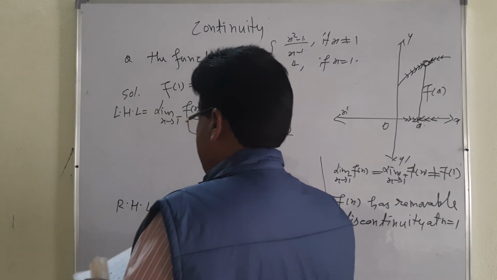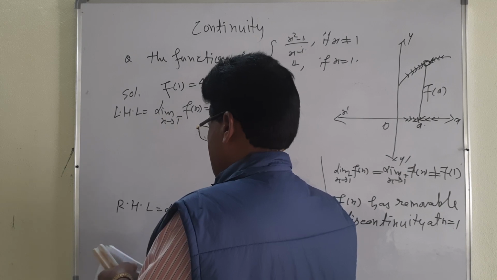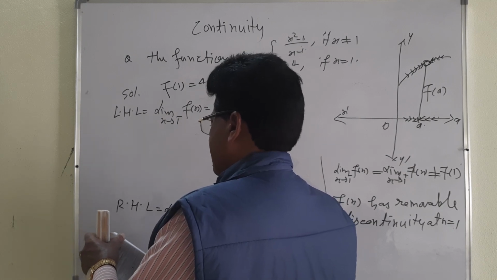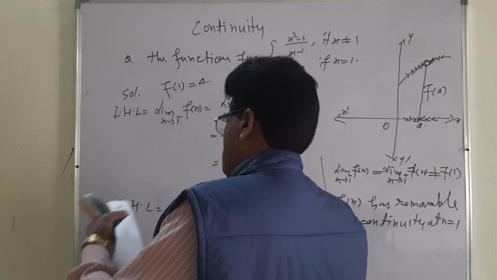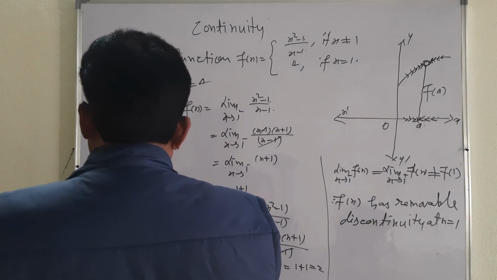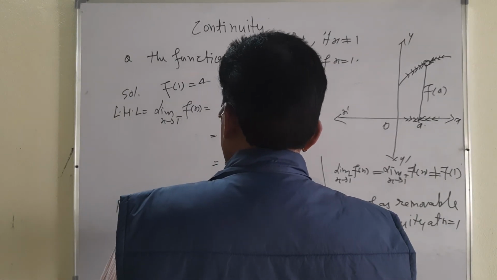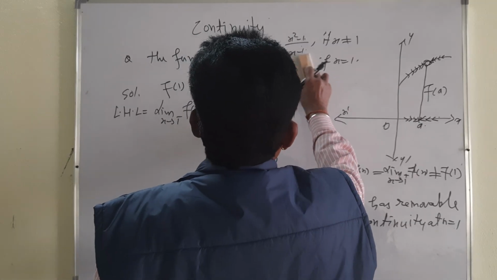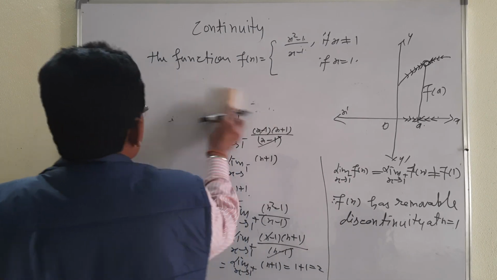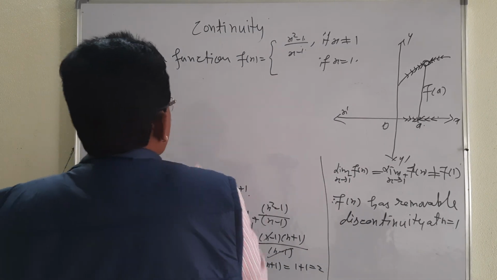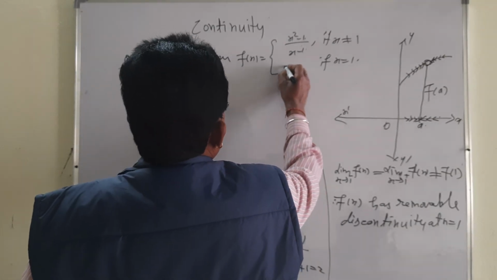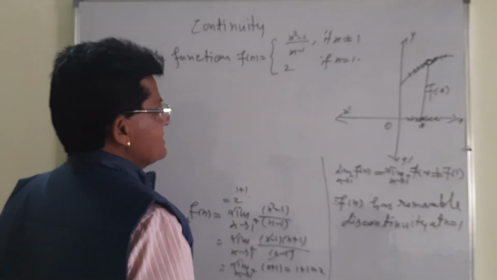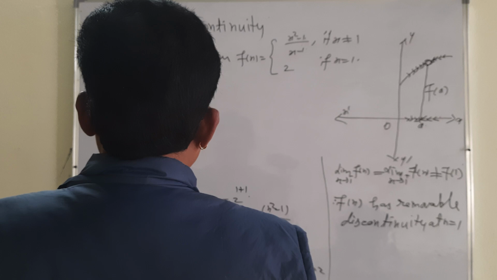But how you can remove it? As I told you, in place of 4, you can take what value? I am going to write that function here. See, if in place of 4 you write 2, then what will happen?